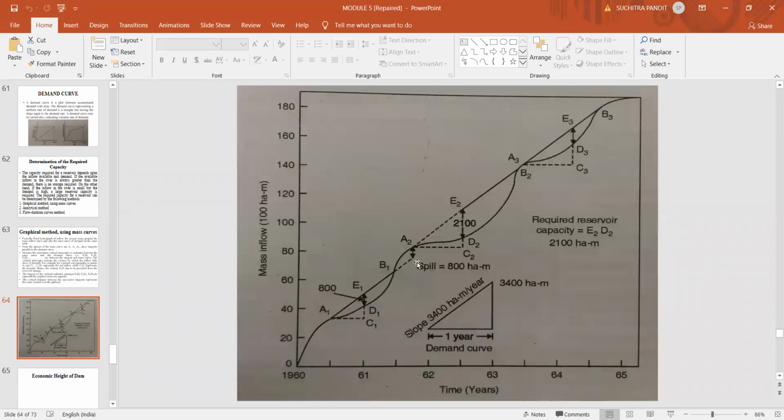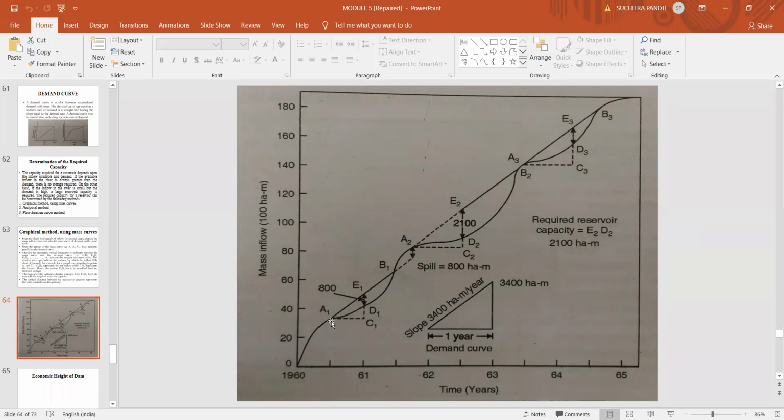Draw tangents from the apex of the mass curve and draw a vertical line, E1, D1, E2, D2, E3, D3. The maximum vertical intercept represents the required storage capacity of the reservoir.